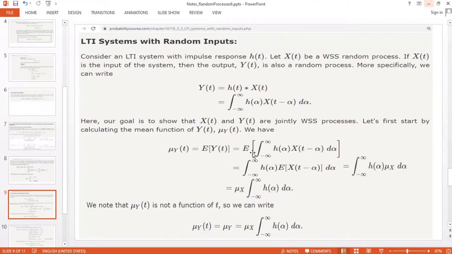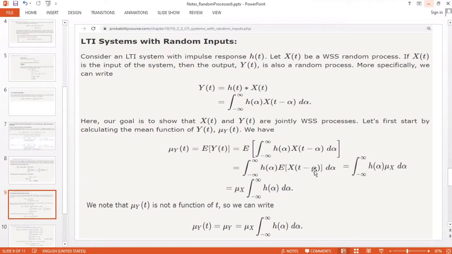Since we are integrating with respect to alpha, the expectation goes inside the integration, and h(alpha) is independent of time. So we have the expectation of x(t), which is the mean function of the random process x(t), and x(t) is given as a wide sense stationary process.